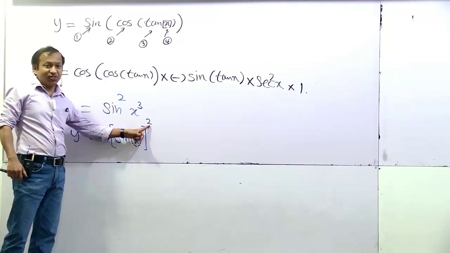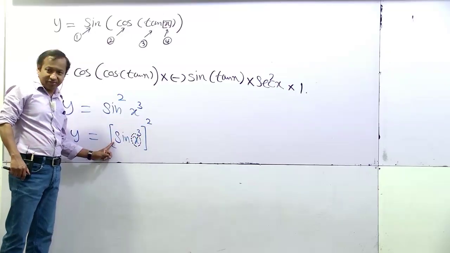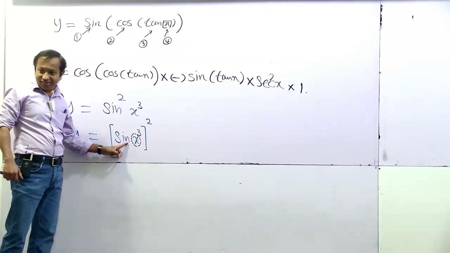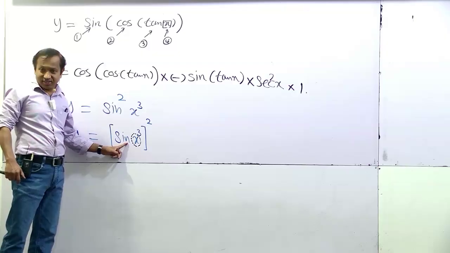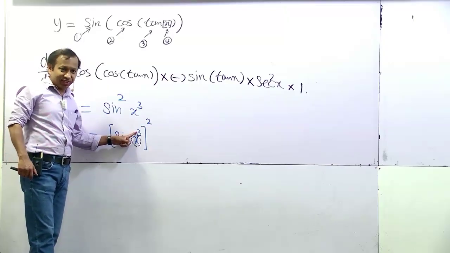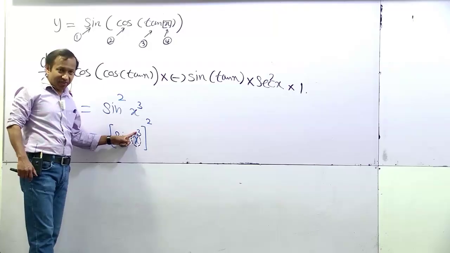The square. First we have to differentiate the square. Then he comes in. The second obstacle is what? Sine. Second we have to differentiate sine. Then he is here. Then what's the obstacle? 3. We have to differentiate the 3 now, the power.